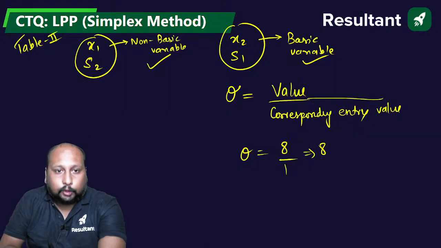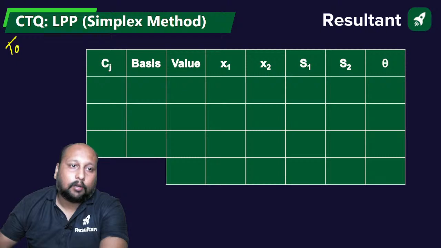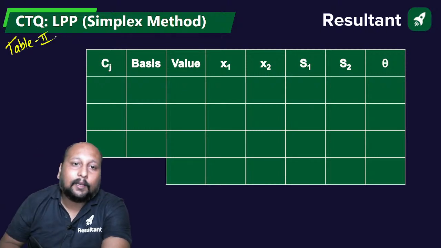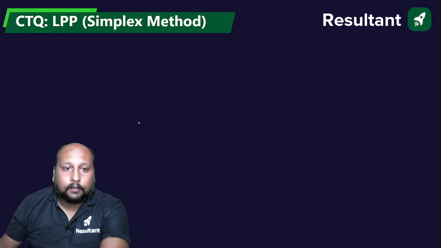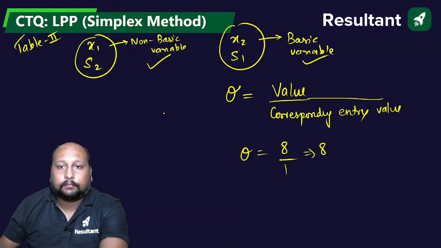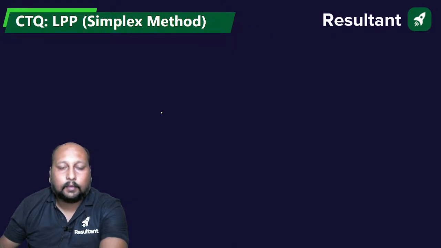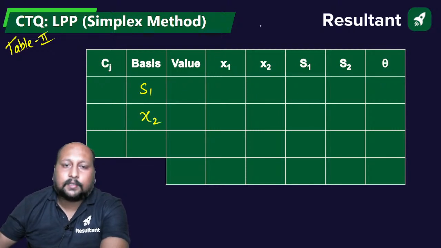All right. चलिए. So now let us draw the table number 2. अब table number 2 के लिए what are the basic variables? Sir, basic variable was आपका x2 and s1 है ना. फाइन. Basic variable means s2 चला गया, s2 की जगह x2 आ गया. ओके, so we are having s1 over here and x2 over here. cj value तो same ही रहेगा.